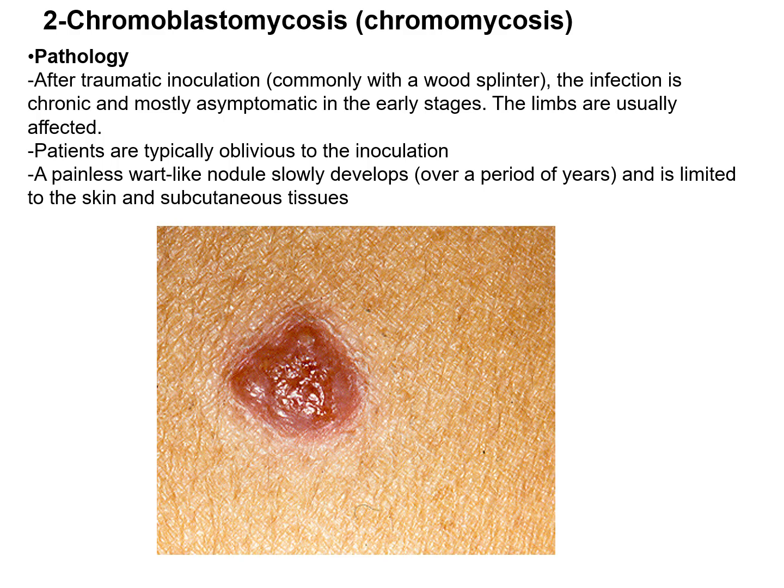And so because of this, because it's painless and it takes a very long time to appear, a very long time to progress, this is why people might ignore it. And it can just stay there for a long period of time with a person unaware of this type of infection. So the infection is limited to the skin, it's limited to the subcutaneous tissues. And so it's not painful, doesn't hurt, and it takes a long period of time.